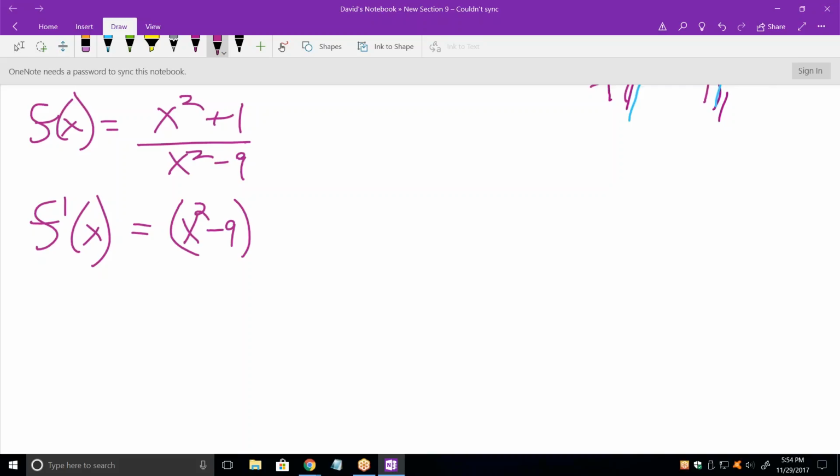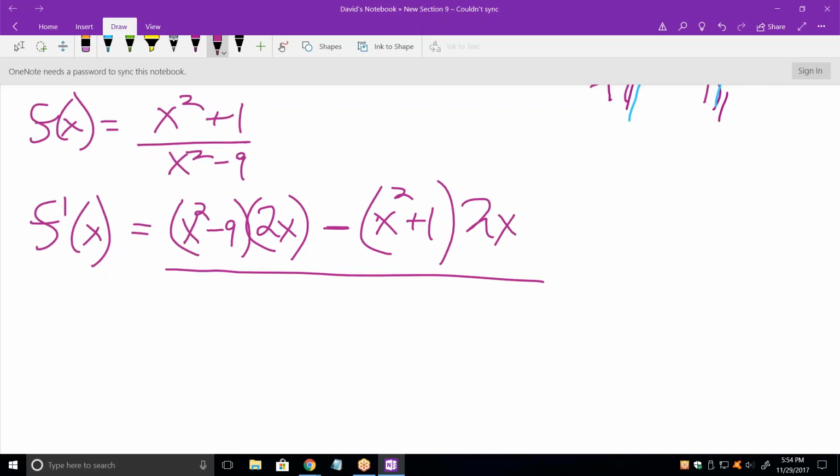So then it'd be times the derivative of the top, which would just be 2x. Then minus just the top, x squared plus 1, times 2x again. And that's all over the bottom squared.